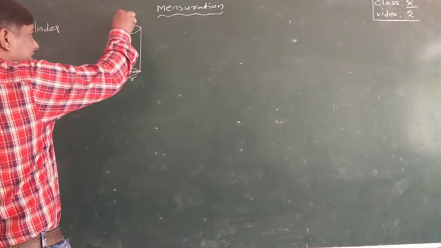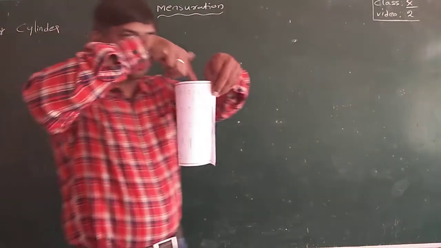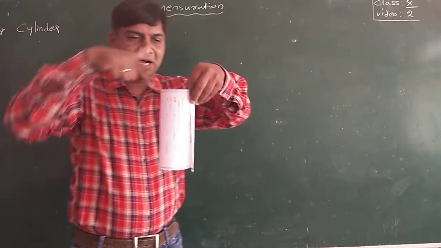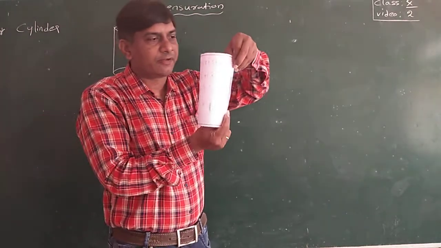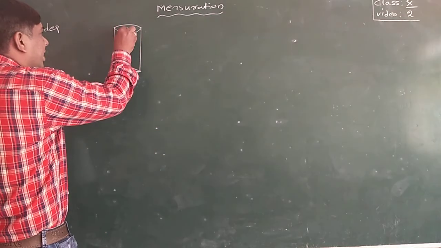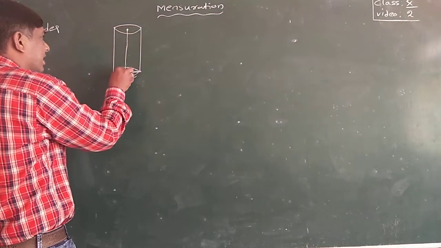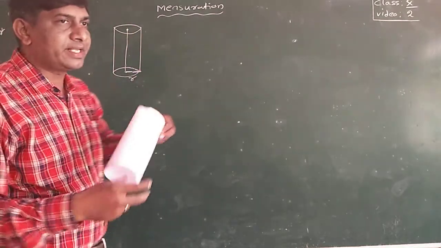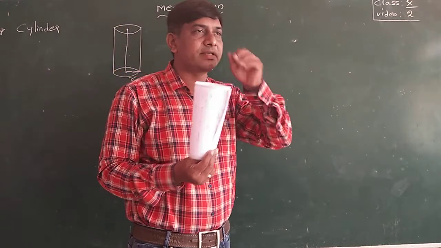And from the center of the top of the cylinder, if you join it to the center of the base, these will be perpendicular to each other. That's why it is called a right circular cylinder.